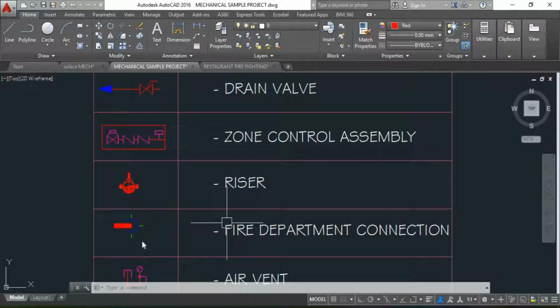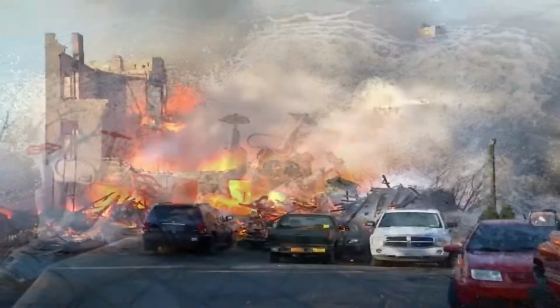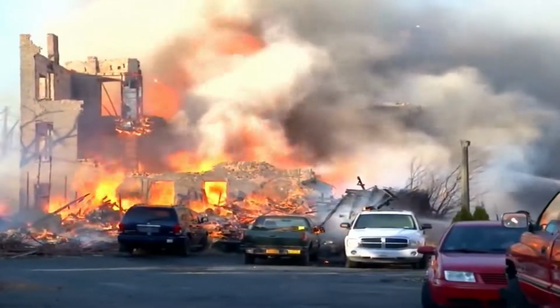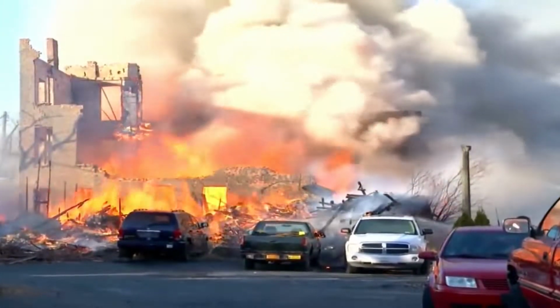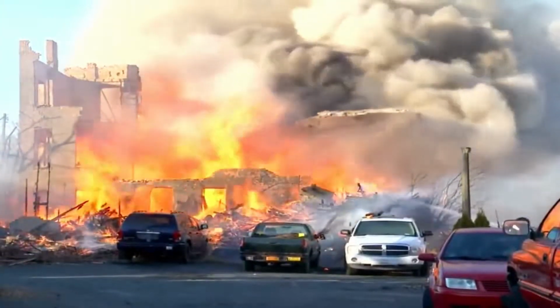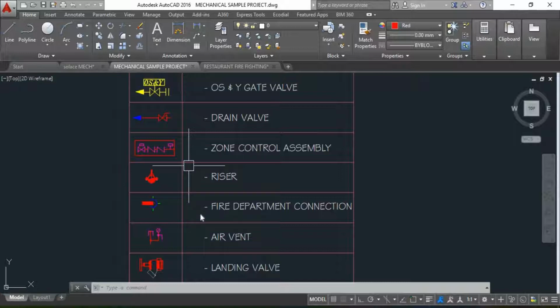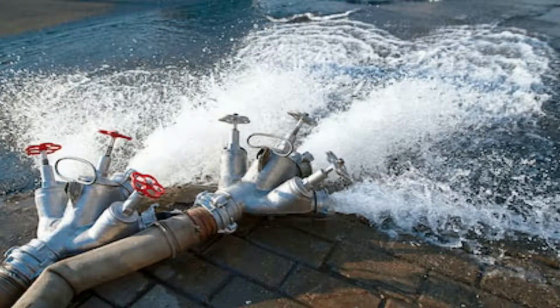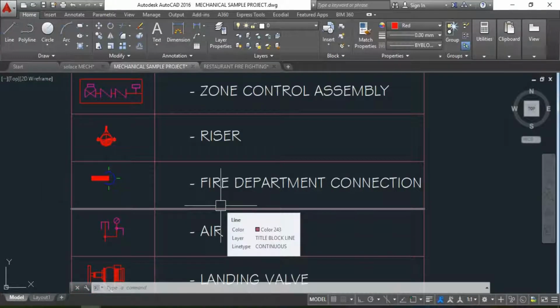Although it's not that imperative to be implemented in every project design, because of the assumption that the building water supply might not be enough in case of fire incident. Due to this, NFPA gives reason for the provision of a supplemental water supply, particularly for the firefighters, to be able to abet the building water supply.